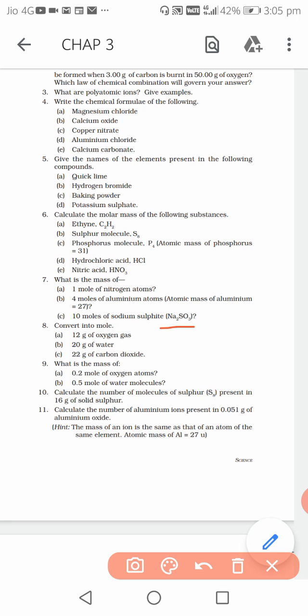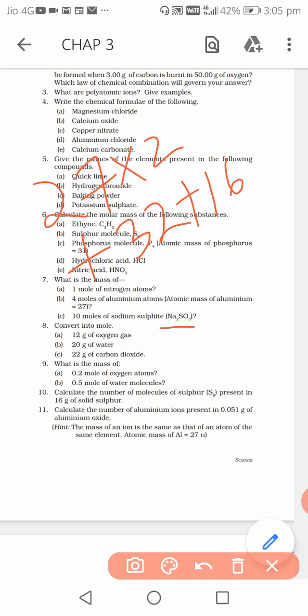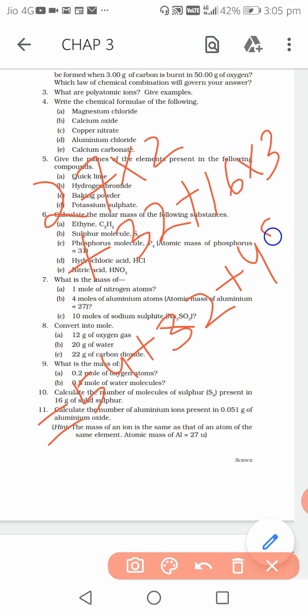Na2, so 23 into 2, plus sulphate: sulphur is 32, plus 3 oxygen. 16 is the mass of 1 oxygen, so 16 into 3. 23 into 2 is 46 plus 32 plus 48.